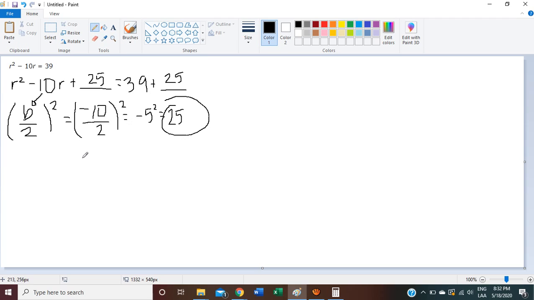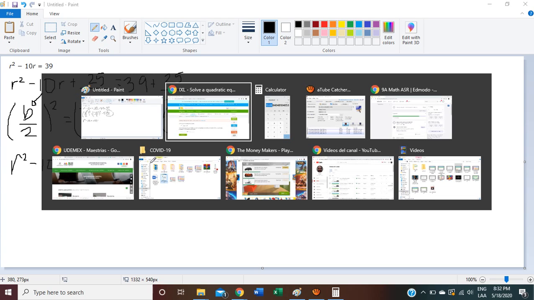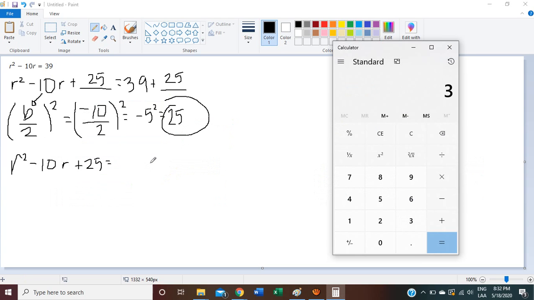All right, so we can do this part of the operation. R squared minus 10r plus 25 equals 39 plus 25. I'm kind of lazy right now. 39 plus 25, okay, 64.